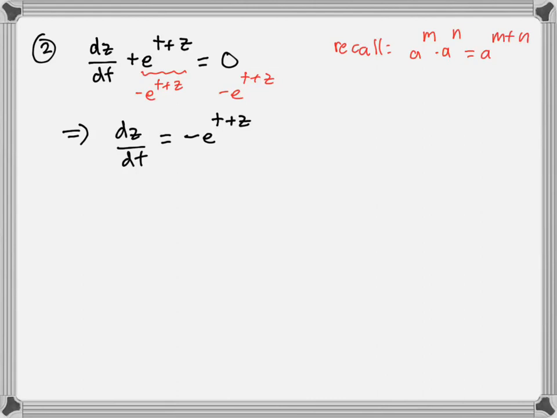So that means that I can actually write the right side of this in a different way. What I did is I separated it into two pieces like this. Now this is nice because it's clear that we can separate the variables. So what I'm going to do is divide both sides by e to the z, and I end up with the following.